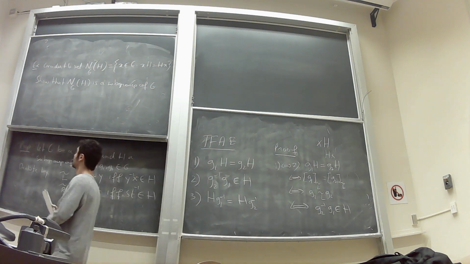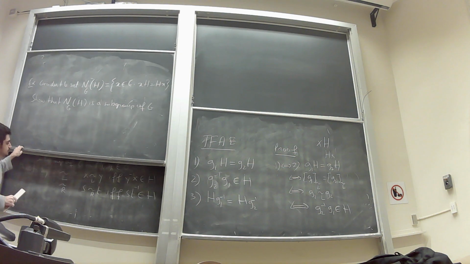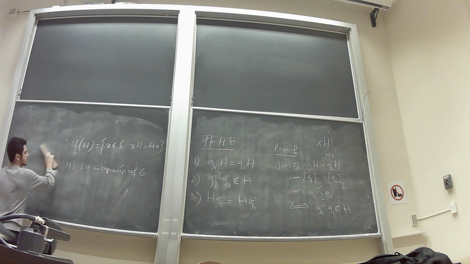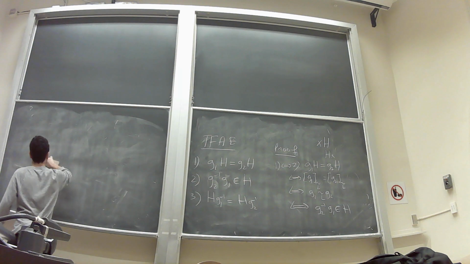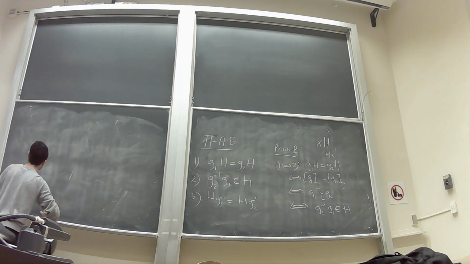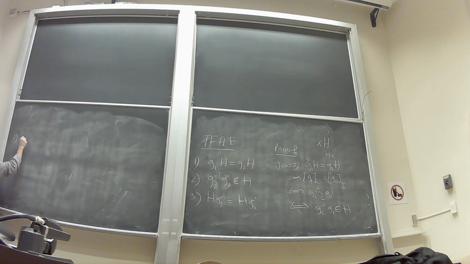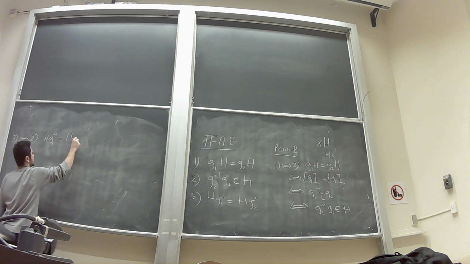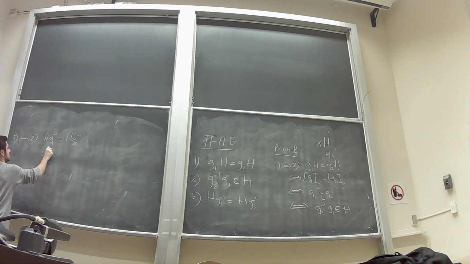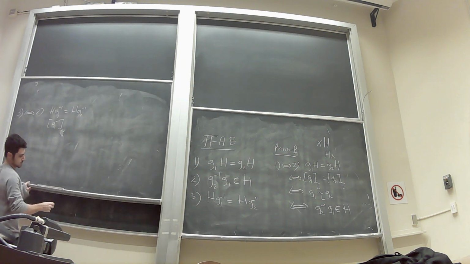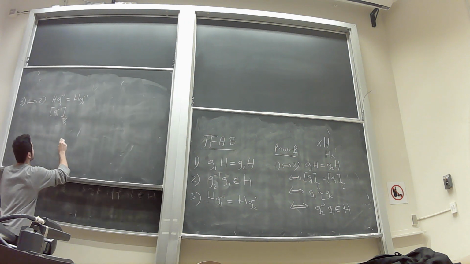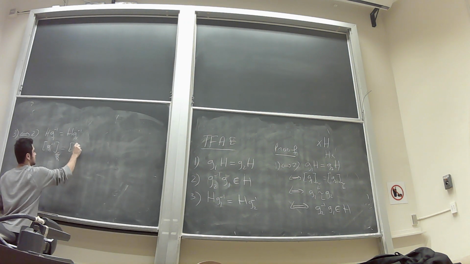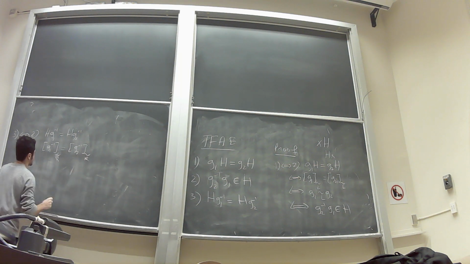Great. Let's do the same thing here. Let's show that three is equivalent to two. So if I have H G1 inverse is equal to H G2 inverse, this means that the equivalence class of G1 inverse under the second relation, this one, is equal to the equivalence class of G2 inverse under this one.